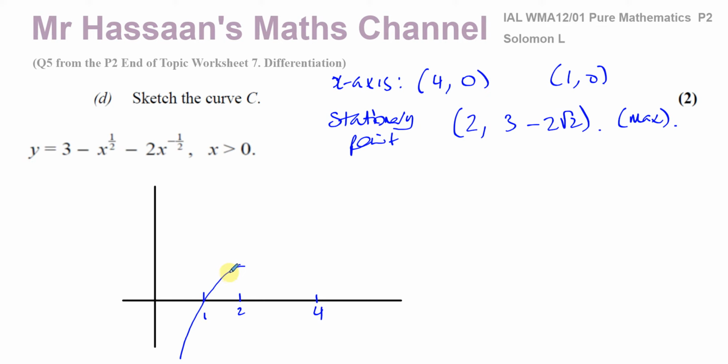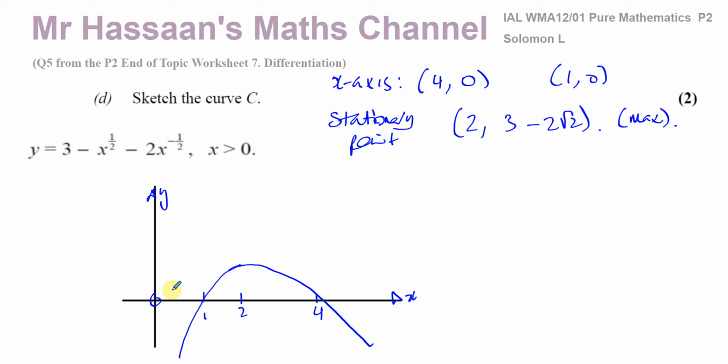So it's a bit lopsided like this. It's going to go through 4, something like that. The turning point is going to be at 2, so let me fiddle this a little bit and put it so it looks exactly at the turning point, where the gradient is 0 at 2, closer to 1 than 4. Something like that, and that's fine as a sketch for our graph.